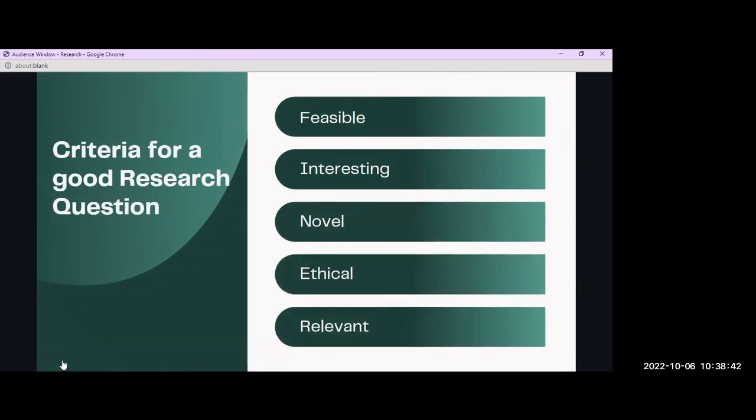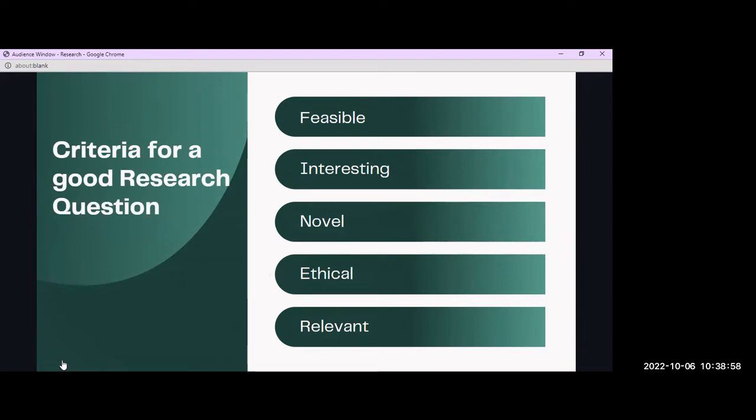Okay, so what are the criteria for a good research topic, or question? So these are the 5 criteria.